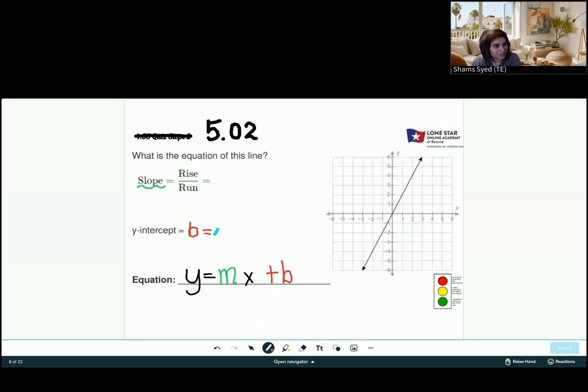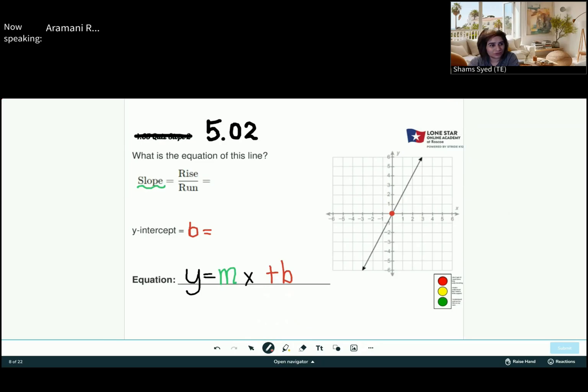Red dot for y-intercept. -2. Armani, what did you say? -2? Let's see. Armani, do you think the y-intercept lies over here because that's where the graph is cutting the y-axis?